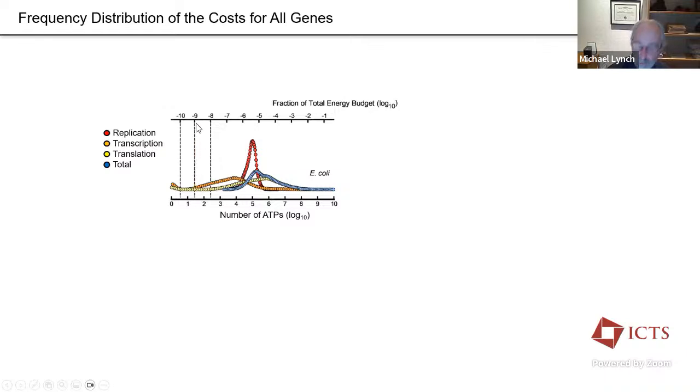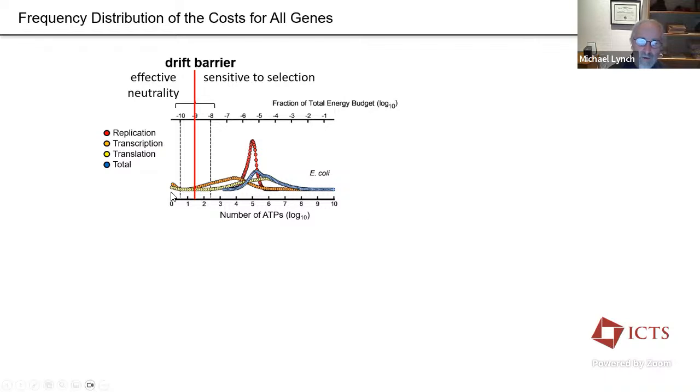And then finally, there's these dash bars over here. This is what I talked about yesterday. That's the drift barrier. So this is 10 to the minus 9 here. E. coli has an effective population size of about 10 to the 9th here. So anything that resides to the left of here, natural selection, if you were a gene living over here, not doing anything for the cell, natural selection would not be able to promote a deletion of the gene.